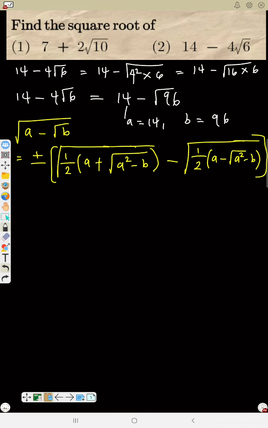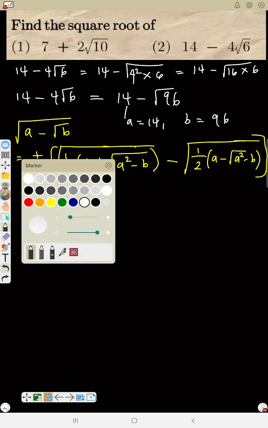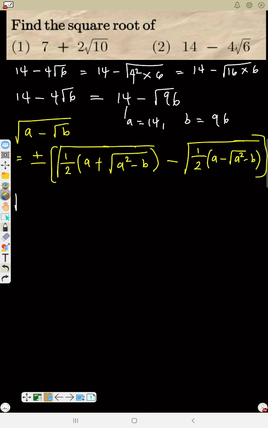So this will become square root of 14 minus 4 root 6 equals plus or minus square root of half into a, which is 14 as shown.